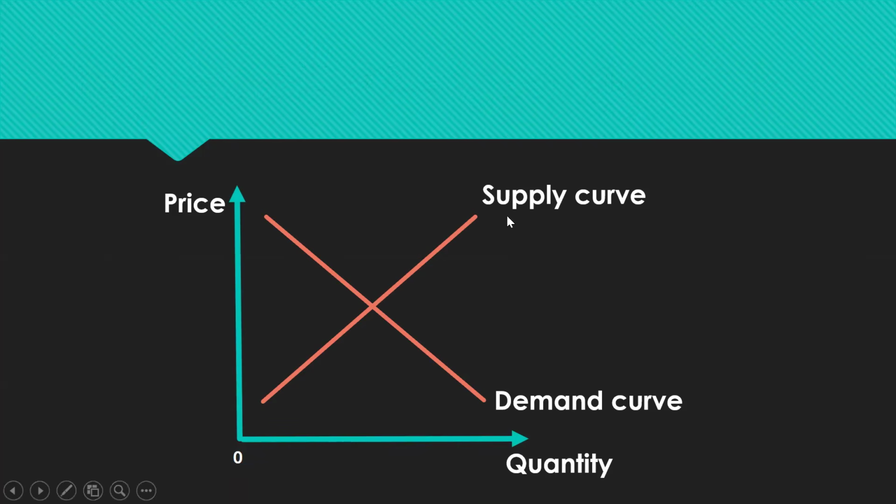If we were to operate at this point, for example, let's say we were to operate at this price. At this price, the quantity supplied will be here, so people only supply that amount, but the quantity demanded will be over here.